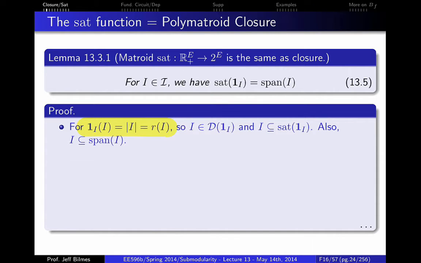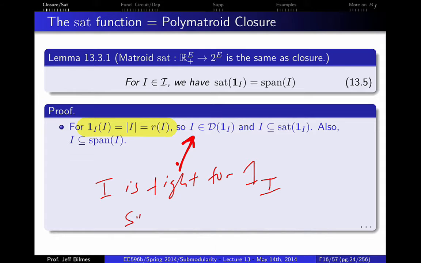This means that I is tight for 1 sub I, since 1 sub I of I is equal to R of I. Right? So it's a kind of funny, weird tightness, but 1 sub I is a perfectly valid vector.